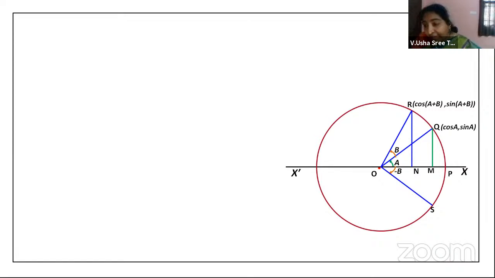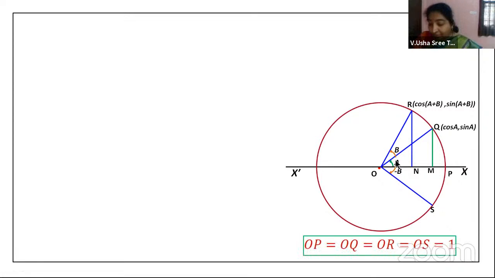So the angle A plus B is numerically equal to this A minus B. Though you have a minus sign over here, whatever value you get by adding A and B, the same thing you will get here. Here we are taking OP equal to OQ equal to OR, which is also equal to OS, equal to 1 unit distance. Angle POS is minus B. Now we will drop a perpendicular from S onto the x-axis.